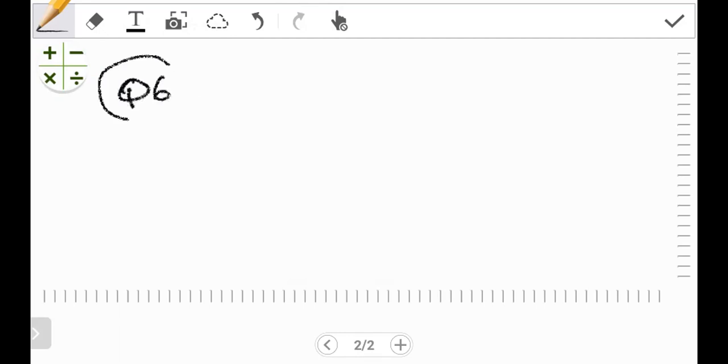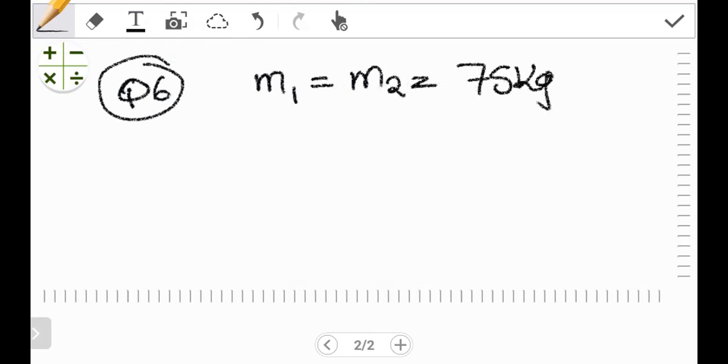Now, let's look at what we've been given. First, the mass of skater 1 is the same as the mass of skater 2, and it is 75 kg. So the mass is the same. And M1, skater number 1, has a velocity v1 which was initially 10 meters per second in one direction.